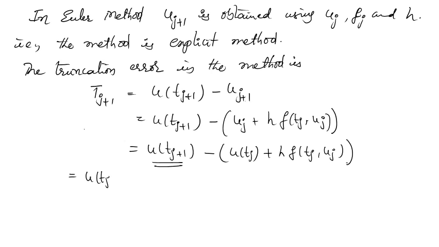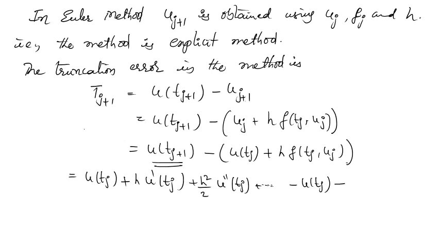First is u of tj plus h into u dash tj, next plus h square by factorial 2 into u double dash tj, and so on, minus u of tj, and next minus h into f of tj, uj.